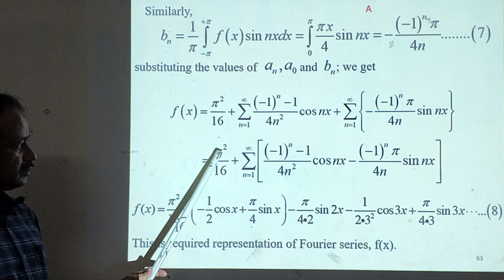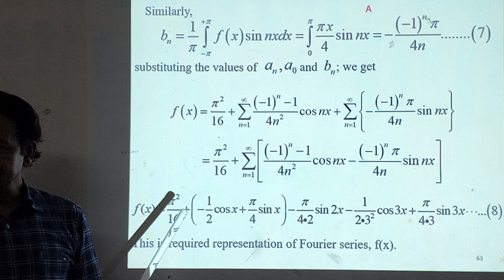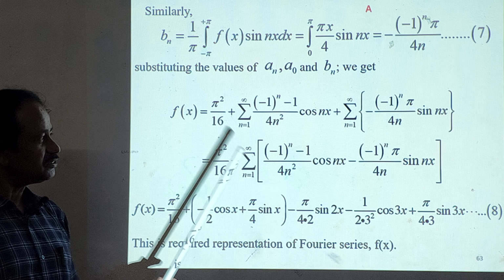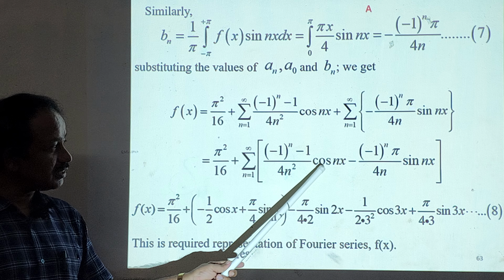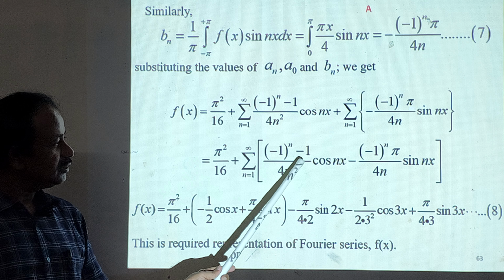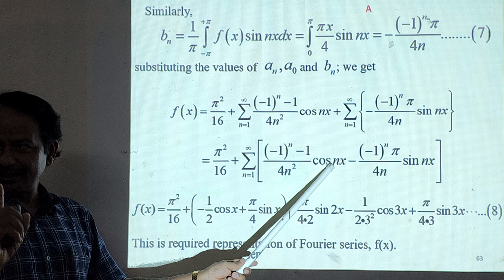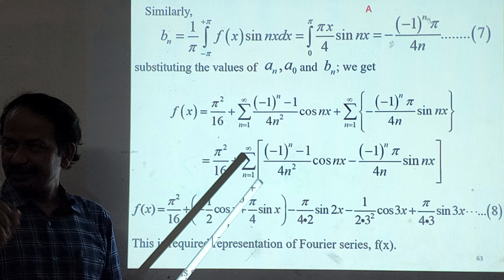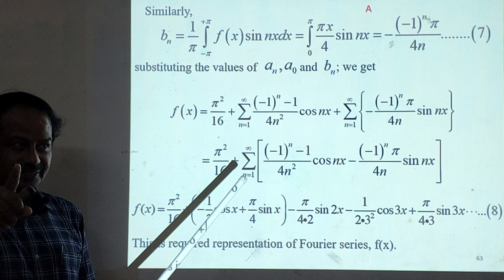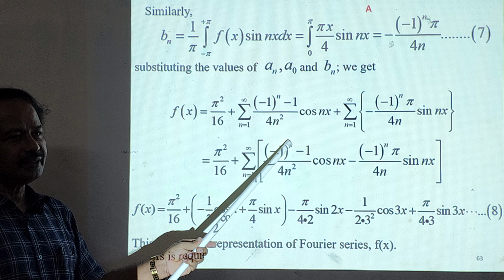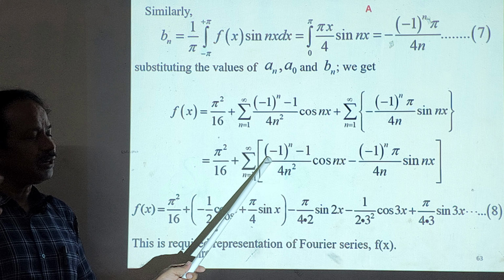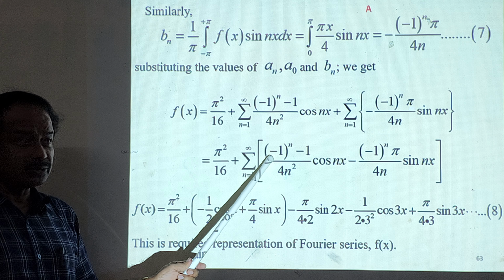So now, first we will write the constant as it is, pi squared by 16. First we will substitute 1. Instead of n, you are going to substitute 1. So this becomes cos 1x, cos x. This becomes sin 1x, so sin x. What about here? n equals 1, so minus 1 to the power 1 minus 1.